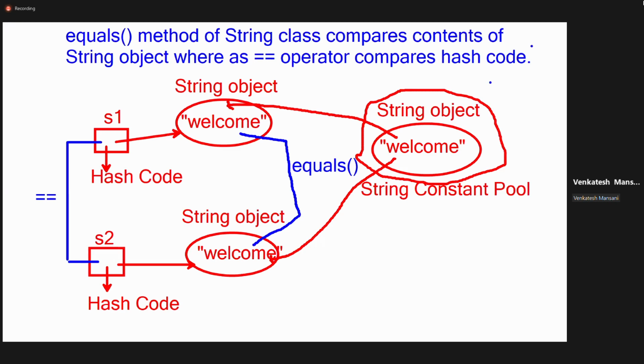So this object data is compared by the equals method, that's why you are getting true. But this hash code is compared by the equals operator, that's why you are getting false.